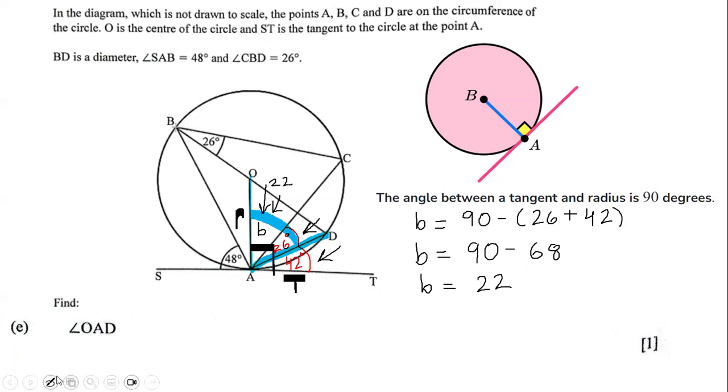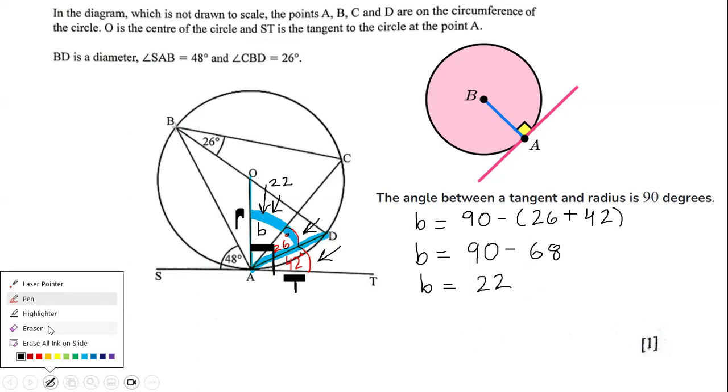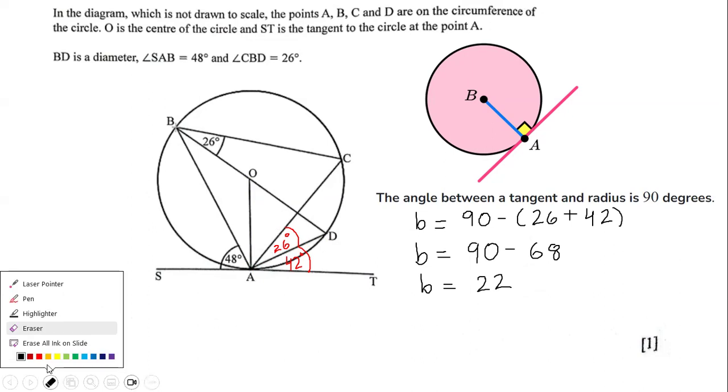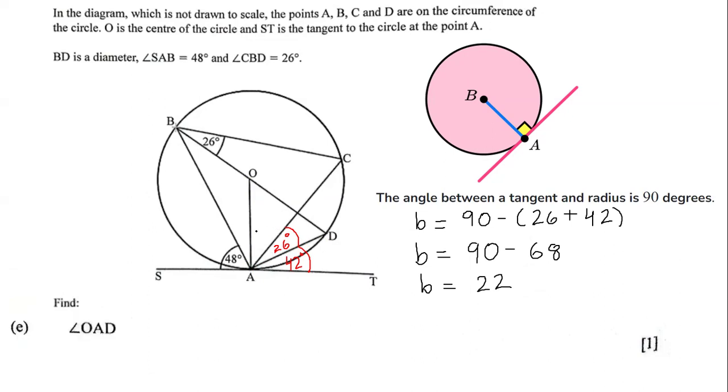Let me erase some information here. We know that this angle, which is B, is 22 degrees, and that this whole thing equals 90 degrees. But we don't want the whole thing.